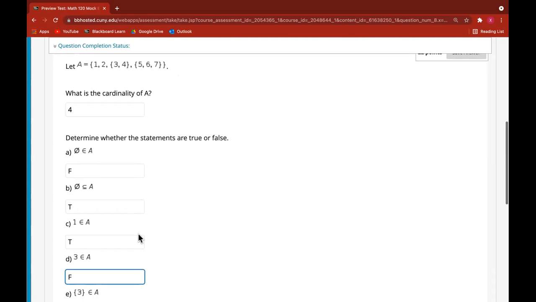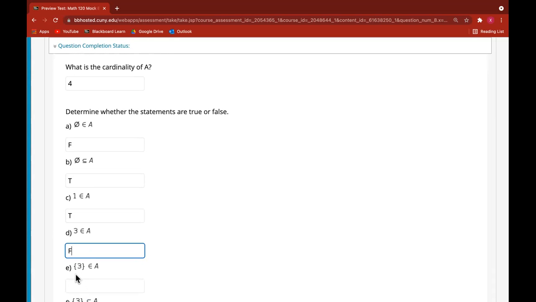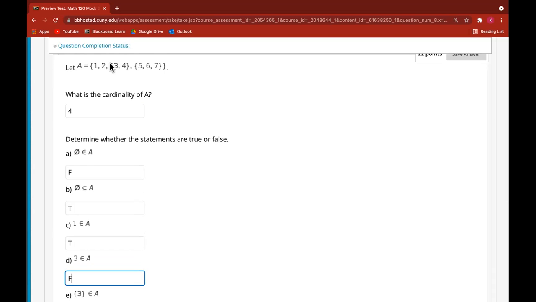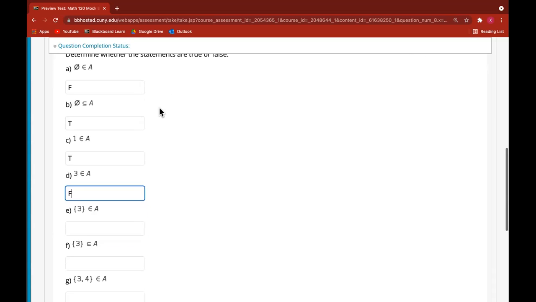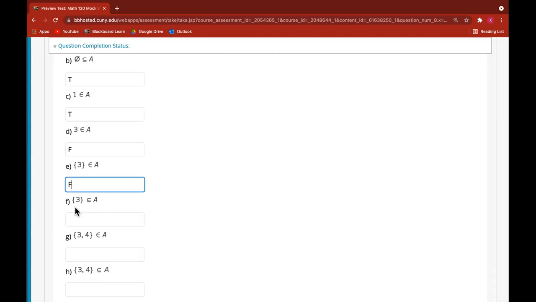So 3 is not an element. What about the set containing 3? Is the set containing 3 an element in A? No, right? We don't have a set containing 3. We have the set containing 3 and 4, but not the set containing 3. So this is false.